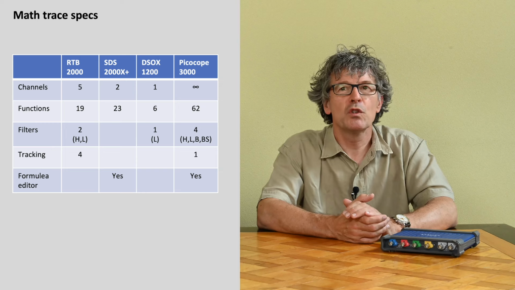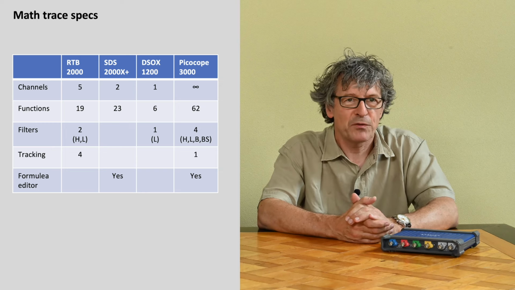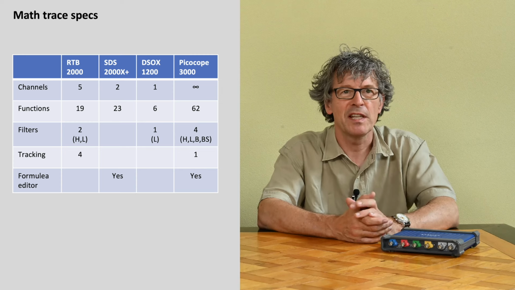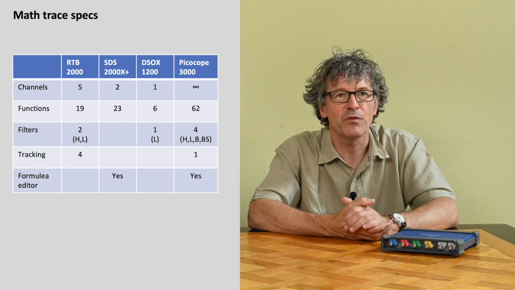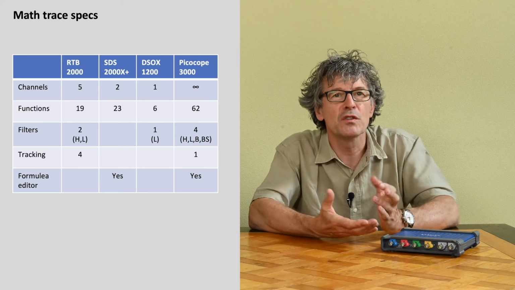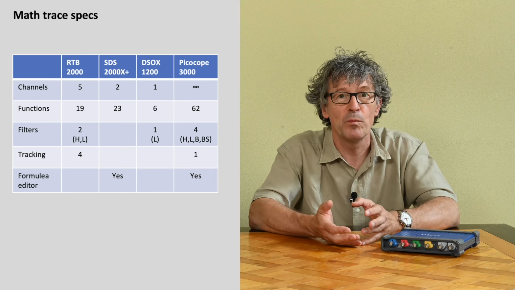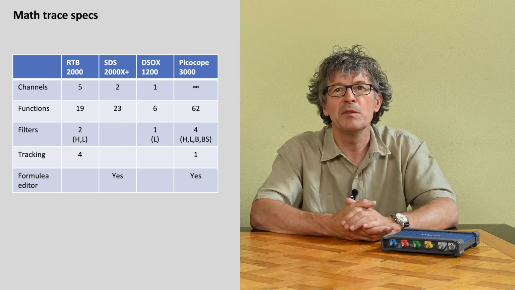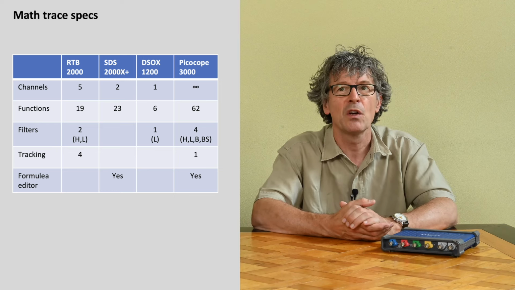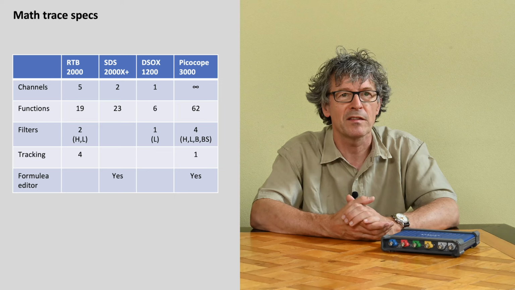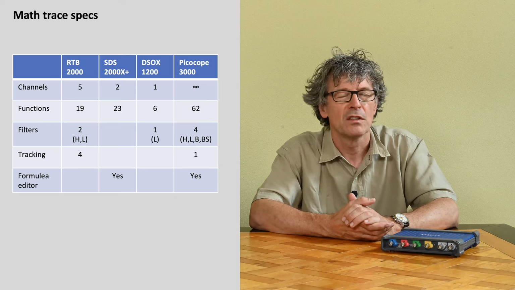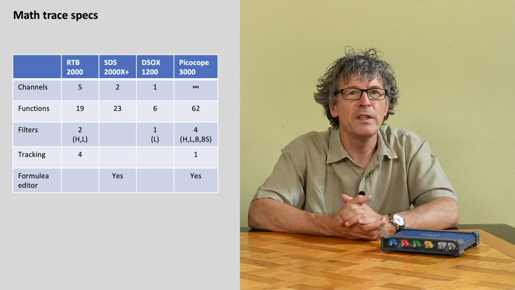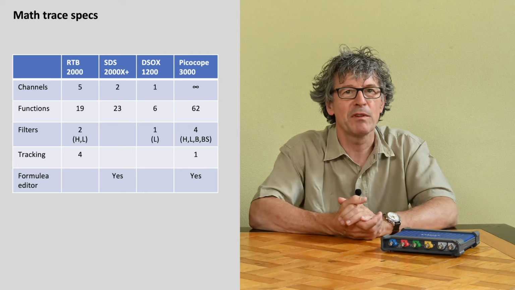Now, if we merely looked at the numbers in terms of specifications, we would see how many math channels a device has. We would see how many different math functions you can define. We could see whether there are filters among them, high pass, low pass, band pass, and band stop filters. We can see whether the device can do tracking of parameters like frequency or pulse width, and whether it has a formula editor. Putting everything down to mere numbers does not reflect the real diversity that we find across devices.